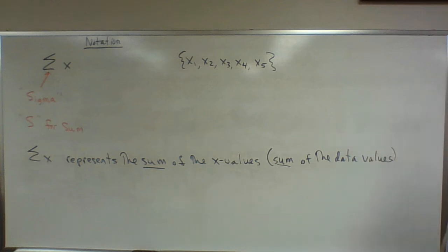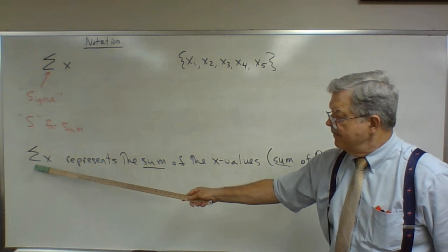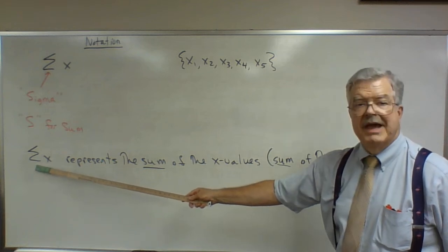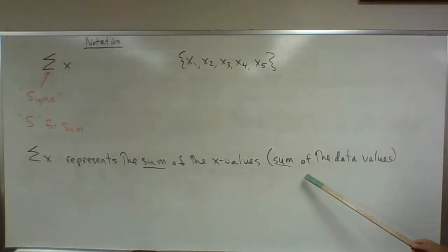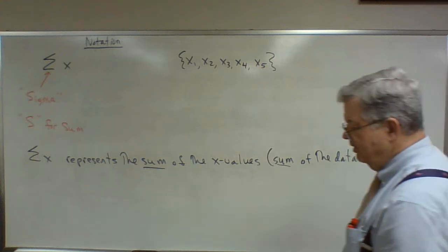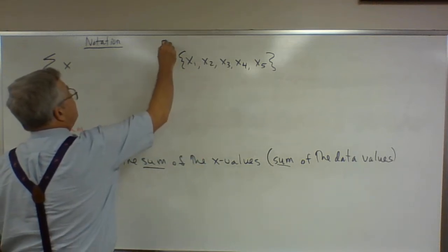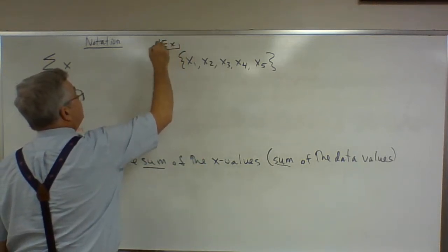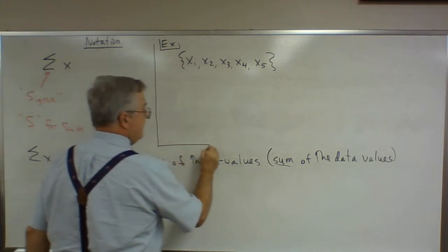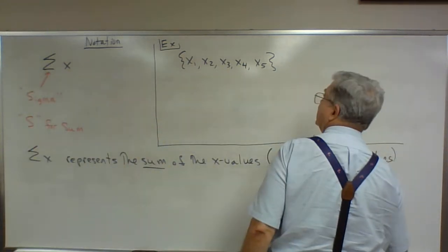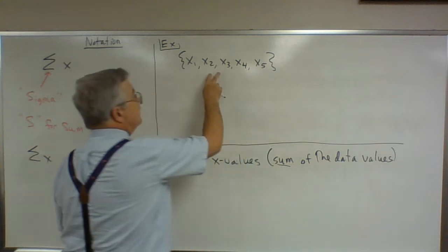This is just a convenient way of writing the sum of the X values, or the sum of the data values. And as an example, let's consider this set of data values. Here's our set of data values.